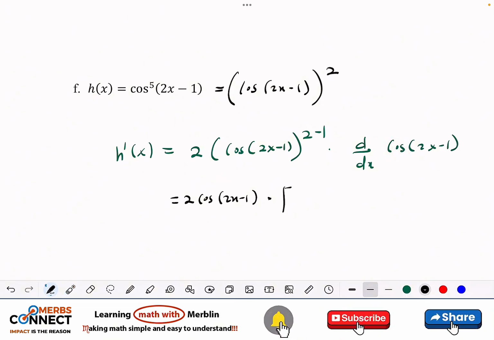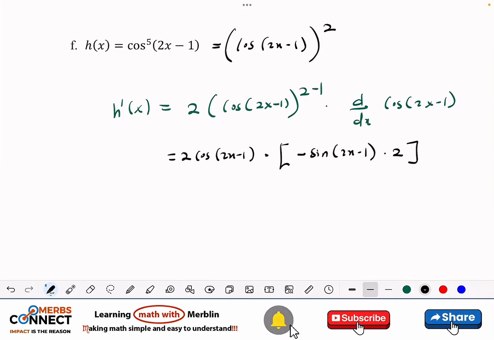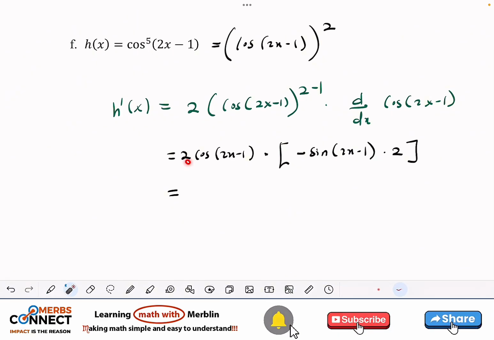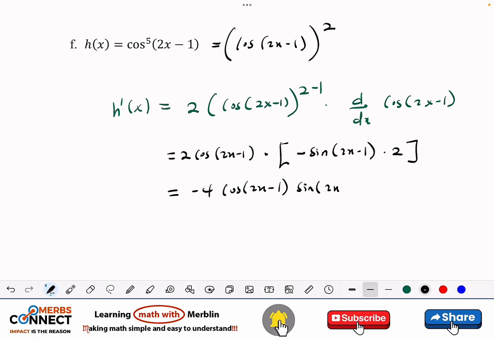So when the derivative hits the cos, I'm going to have minus sine 2x minus 1 times, now the derivative will hit what is inside the bracket, and we are going to have 2. So it's kind of very complicated. Now 2 times minus 2 is going to give us minus 4, and I'm going to have cos 2x minus 1 and then sine 2x minus 1.